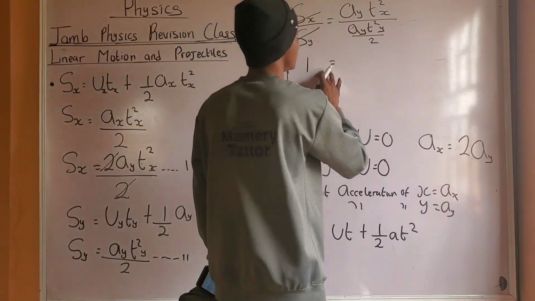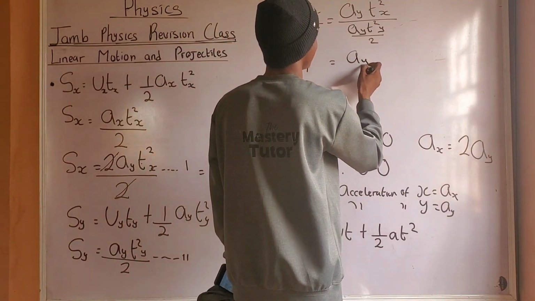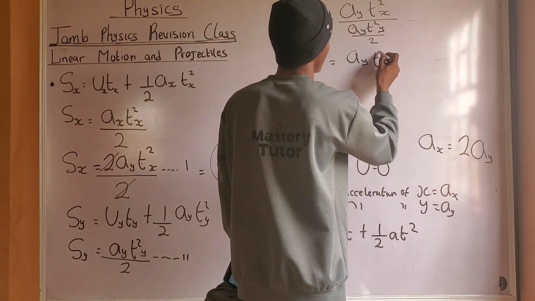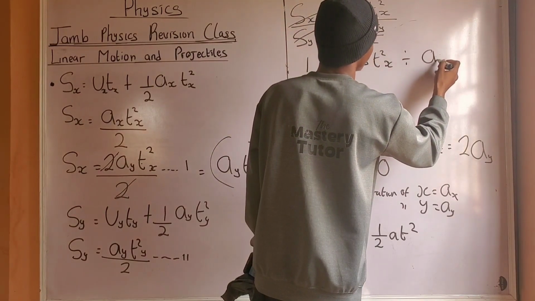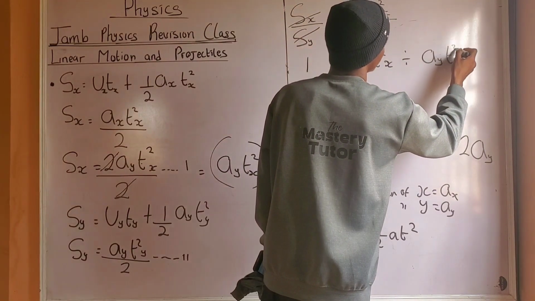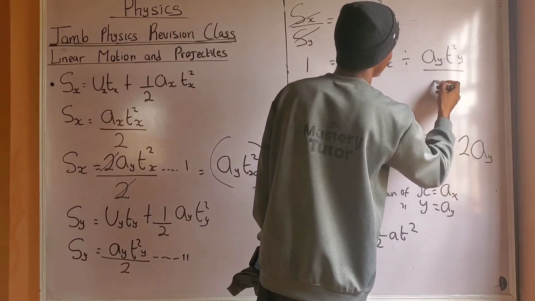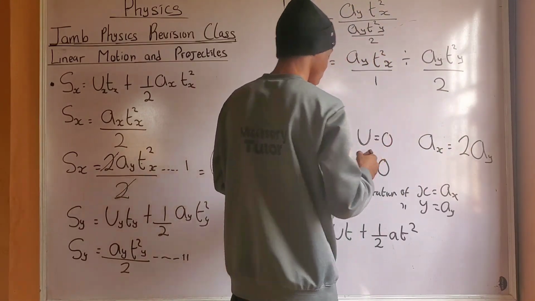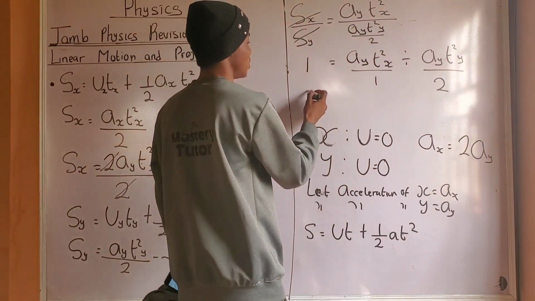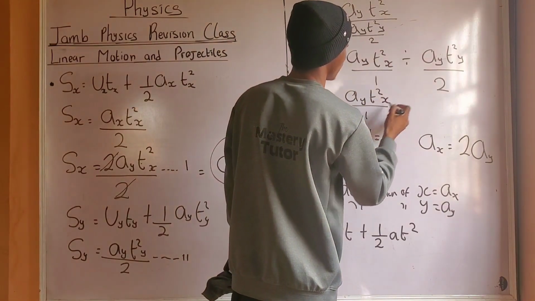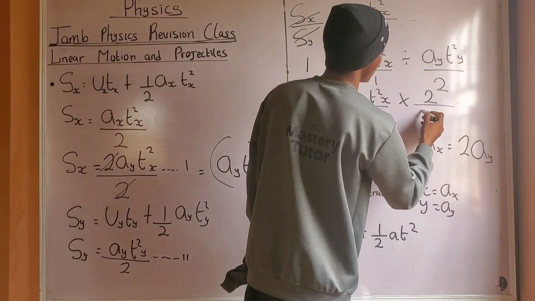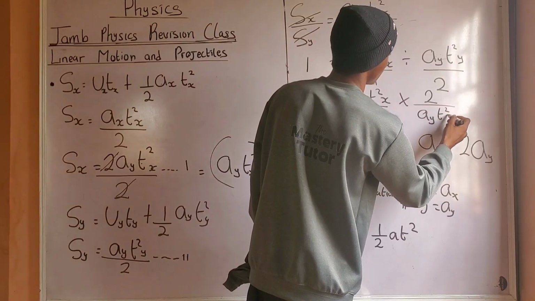So I'm going to have 1 equals Ay t squared x divided by Ay t squared y all over 2, this all over 1. Okay. So 1 equals Ay t squared x all over 1 times 2 all over Ay t squared y.